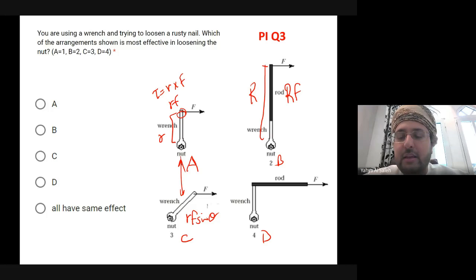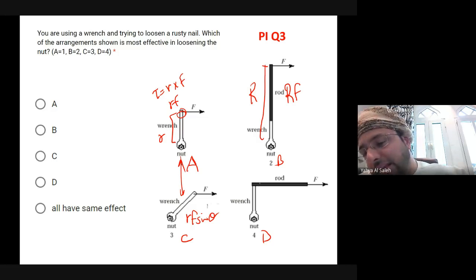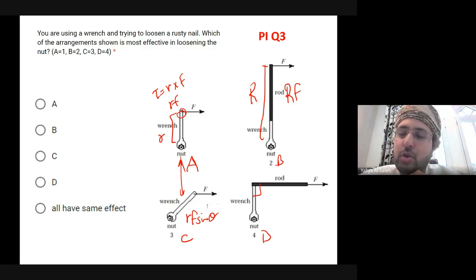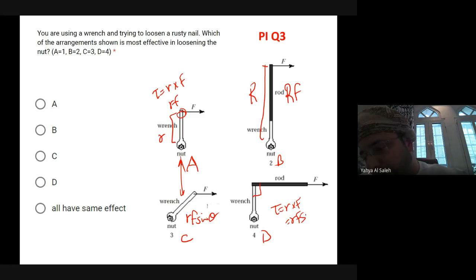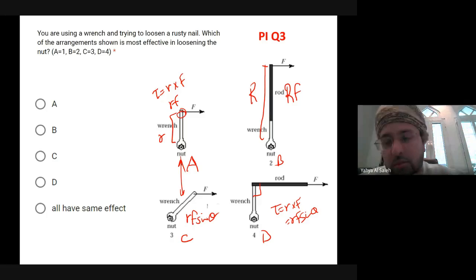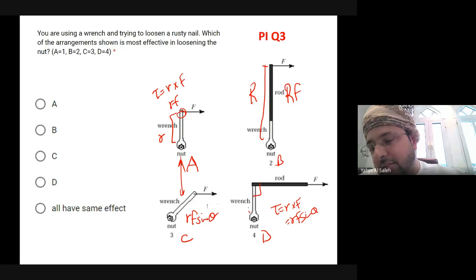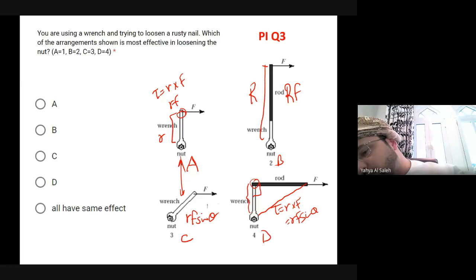In D, your rod here is at 90 degrees, so it doesn't really provide you with any extra torque, because your torque is still R cross F, which is RF sine theta. Only now your R is either this, if you're holding it from here, so you will still simply get RF.